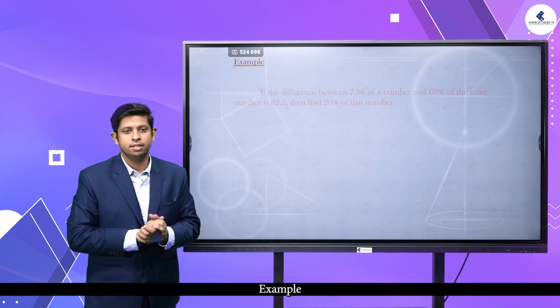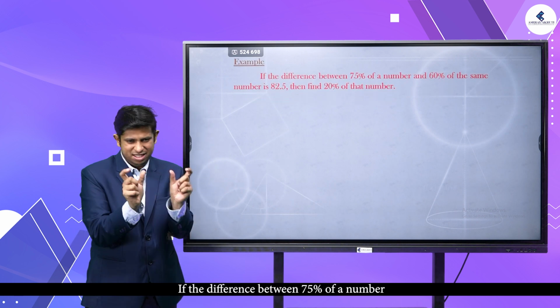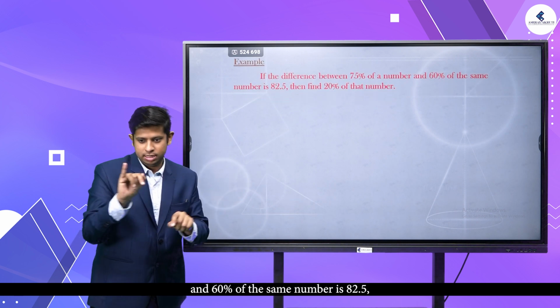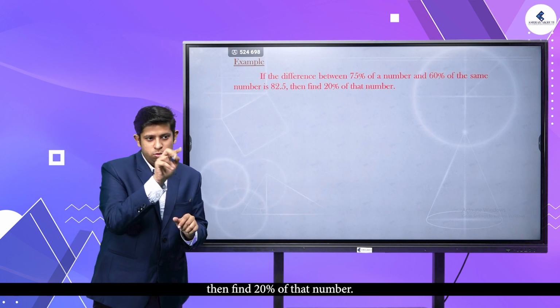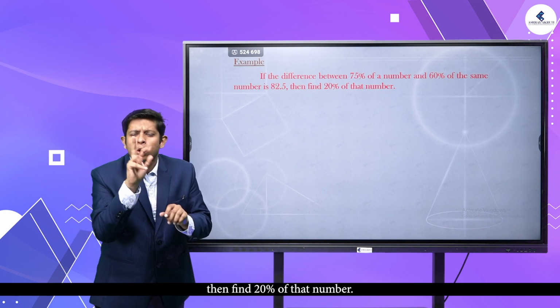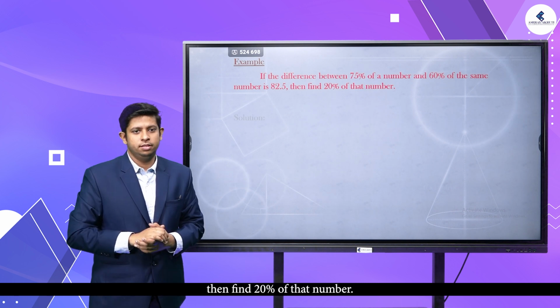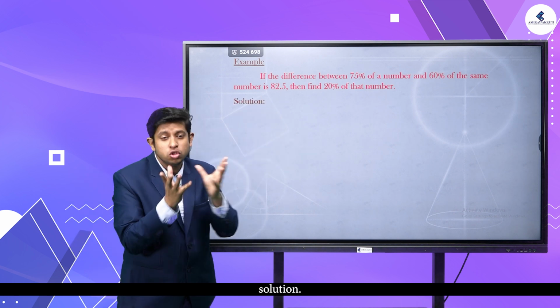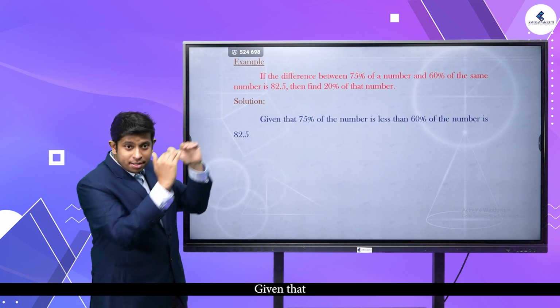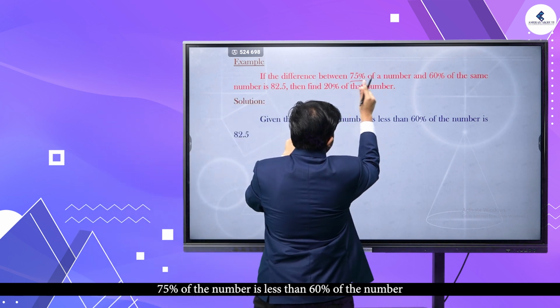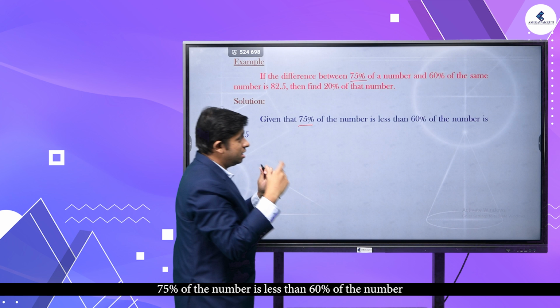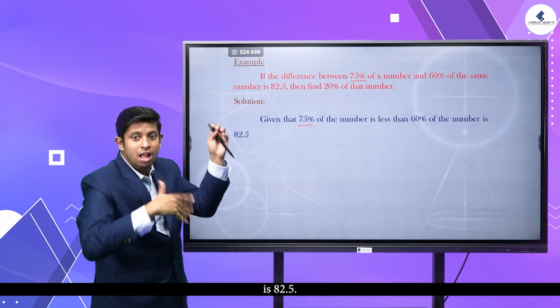Example: if the difference between 75% of a number and 60% of the same number is 82.5, then find 20% of that number. Solution: given that 75% of the number minus 60% of the number is 82.5.